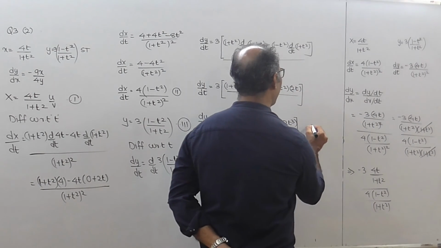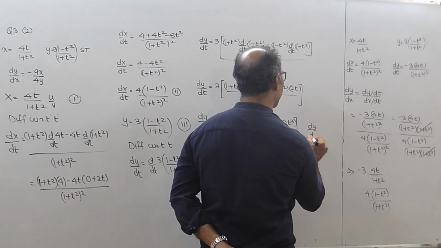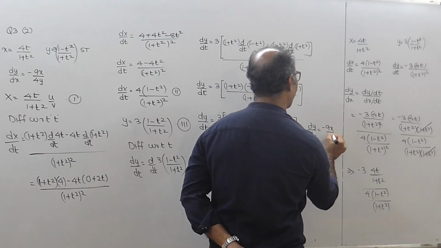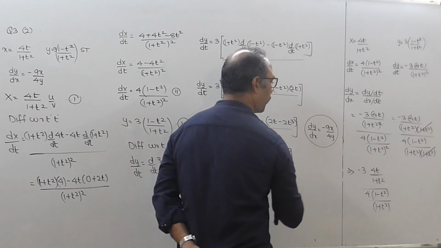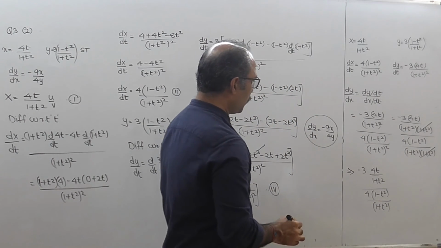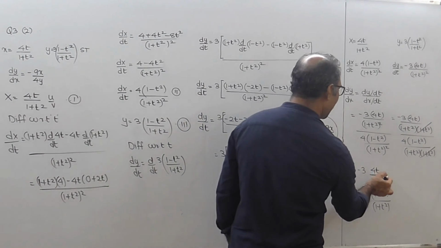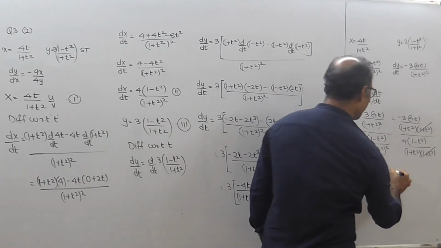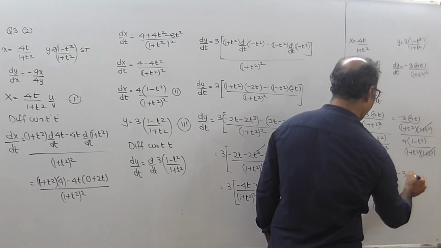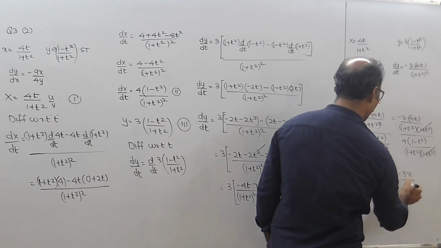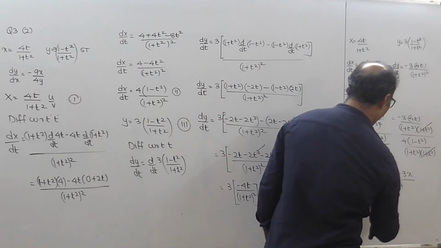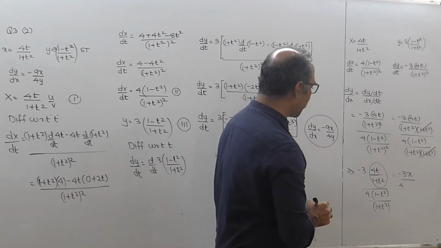Now you have to prove that dy by dx is minus 9x upon 4y. So can I say that this is my x? So I get minus 3 into x upon 4, with 1 minus t square into 1 plus t square.